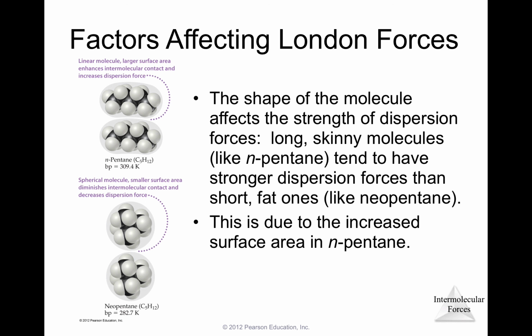So with big long molecules, where the molecules are allowed to line up close to each other, you get a greater induced dipole effect than you do with fat branched molecules, where the atoms aren't allowed to get as close to each other and induce a dipole. So with something like n-pentane, same mass as neopentane, one is branched, one isn't. With one, the molecules can get closer and induce a dipole.